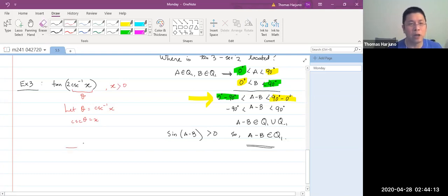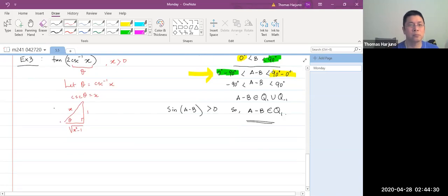Now then, when I draw the triangle, this is theta, this is x, this is 1. So this will be square root of x squared minus 1.